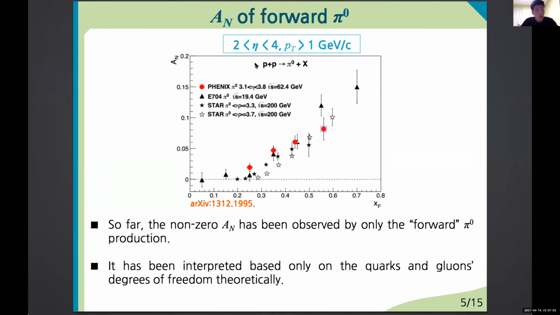Since the momentum of the measured π0 is larger than 1 GeV/c, it has been interpreted theoretically based only on quark and gluon degrees of freedom. For example, the non-zero A_N has been explained to come from an asymmetry of the fragmentation process and spin-dependent quark-gluon correlations in the initial proton.